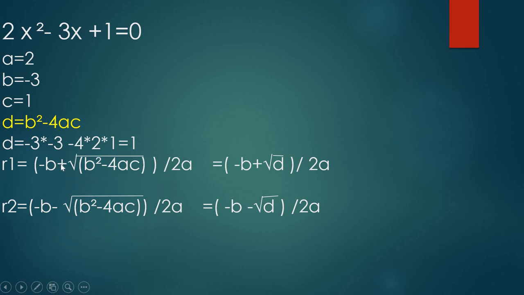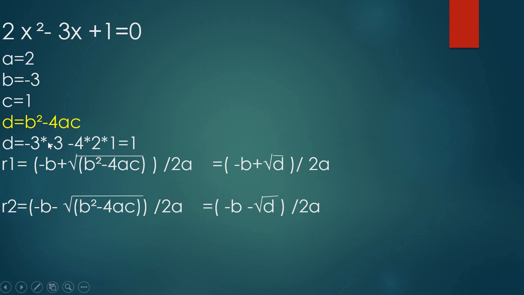Then the second root is minus b minus root of b square minus 4ac divided by 2a. Here a plus symbol, here a minus symbol. That is minus b plus or minus. One root is plus, the other root is minus.